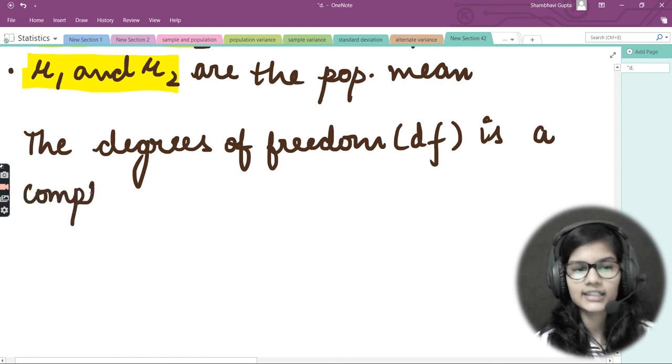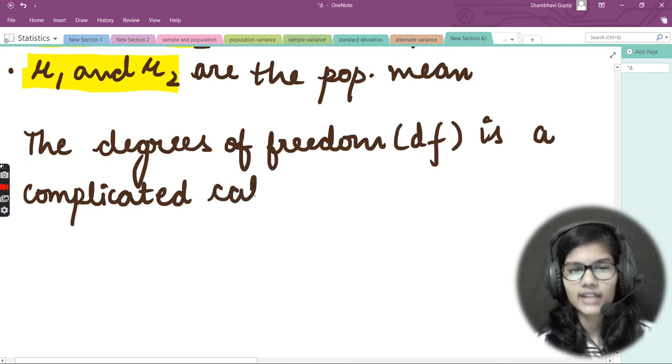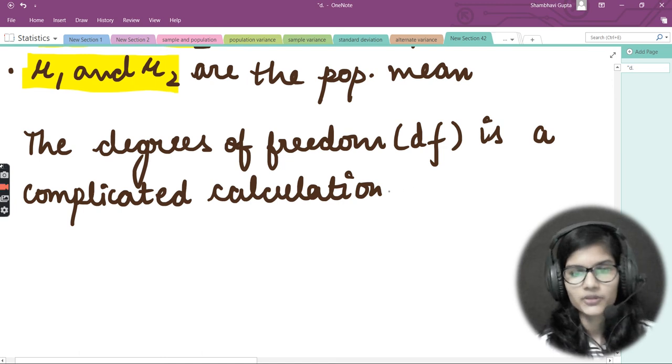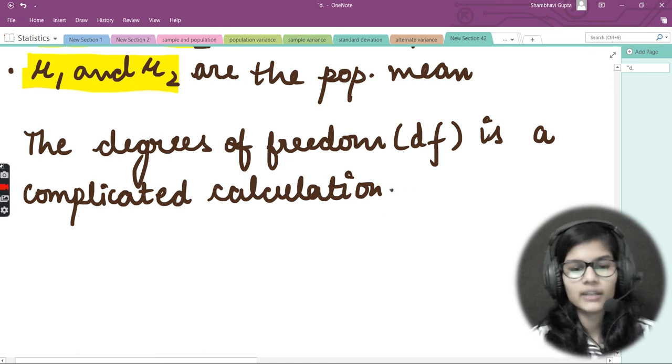The formula is not that complicated, but calculating the degrees of freedom is a complicated calculation, right? Now, fine. Basically, DFs are not always a whole number. We are going to divide some things here, so the DF which we will be calculating is not always a whole number.